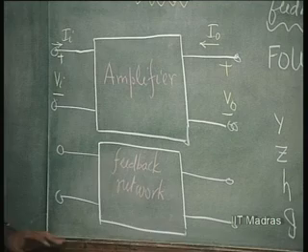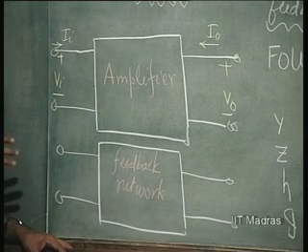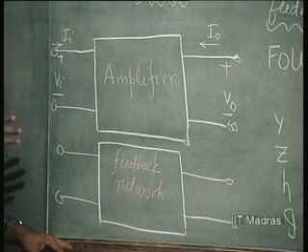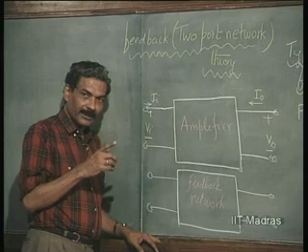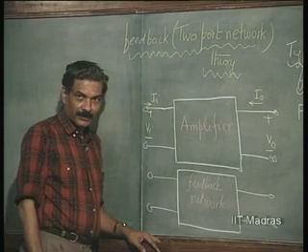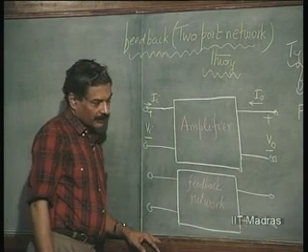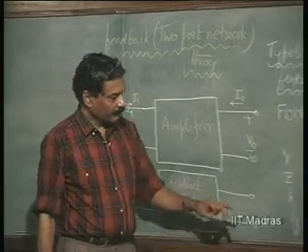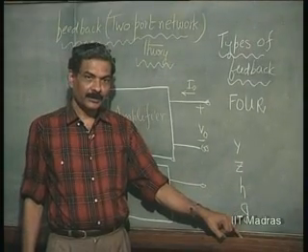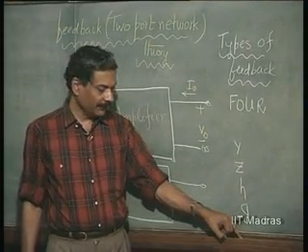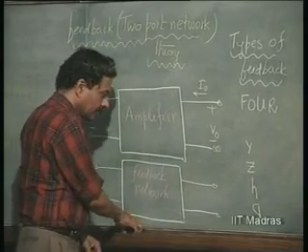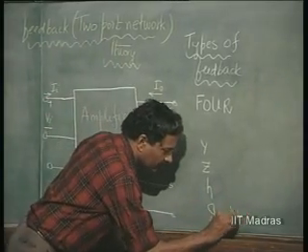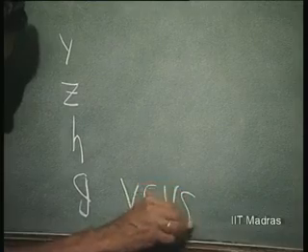And these ideal amplifiers belonging to these 4 categories can be uniquely defined by only one of the 4 parameters. For example, the G parameter will ideally define a voltage controlled voltage source.